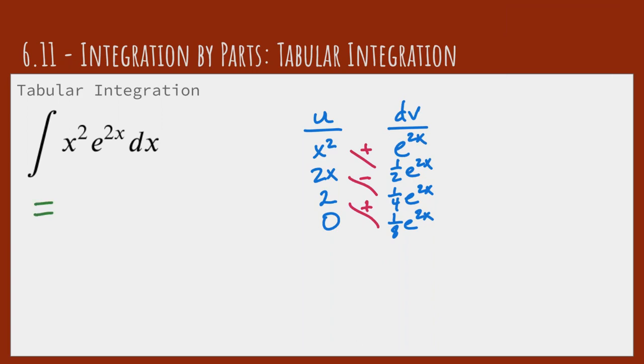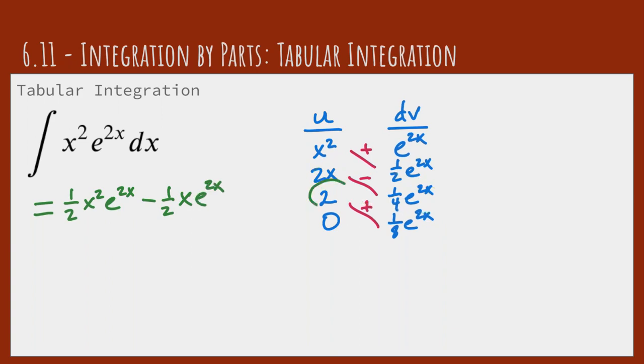So we have x squared times 1/2 e to the 2x, which is 1/2 x squared e to the 2x. So that was these two multiplied together. Then minus, now I'm doing these two right here. It's going to be the 2 times the 1/4, which is 1/2, x times e to the 2x.